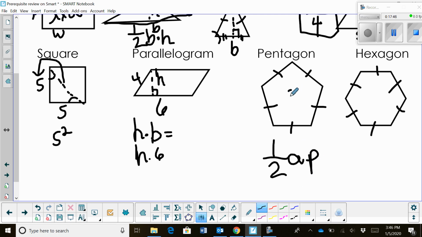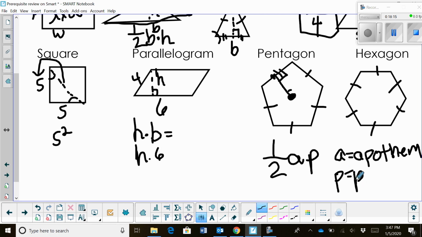So to remember what an apothem is, that is from the center directly to the side. The perpendicular distance, the shortest distance from the center to the side. So 1/2 AP, A, which is your apothem. And then P is your perimeter of the entire polygon. So P is perimeter.